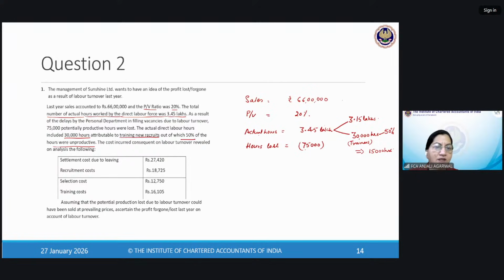So this 30,000 hours produced an output of 15,000 hours. Okay. So total productive hours then become 3 lakh 15,000 plus 15,000, which are 100% productive. So your total productive hours are 3 lakh 30,000.